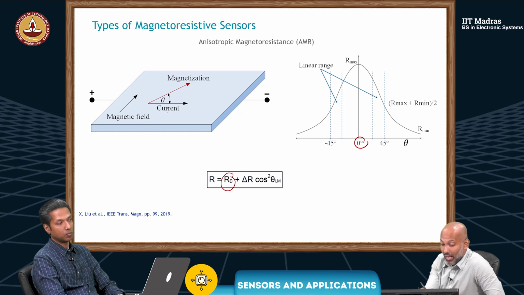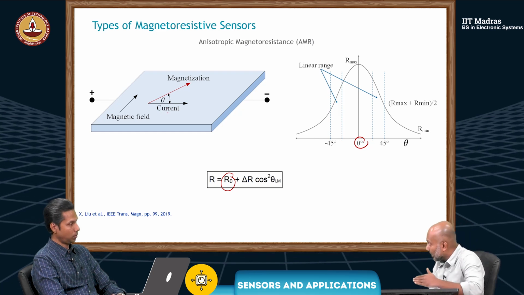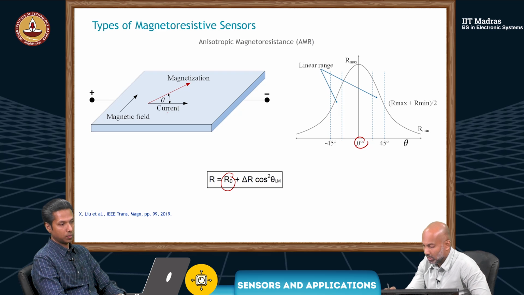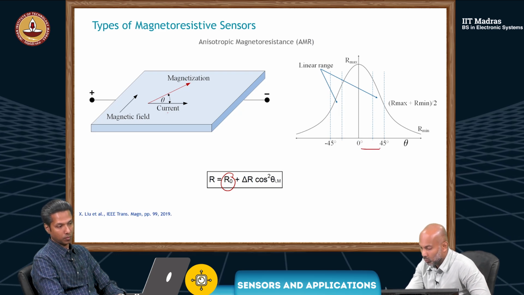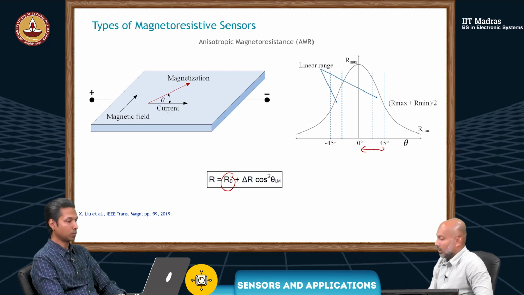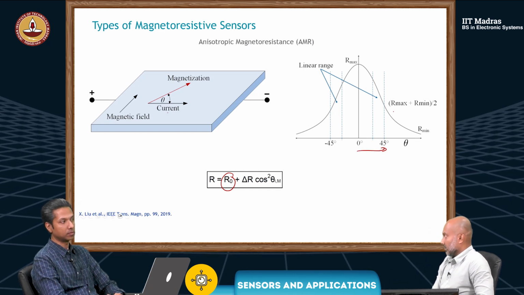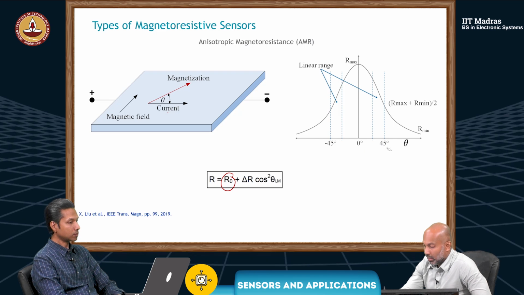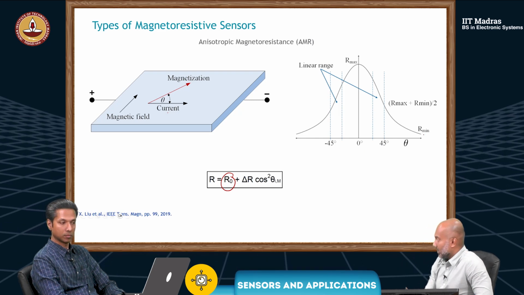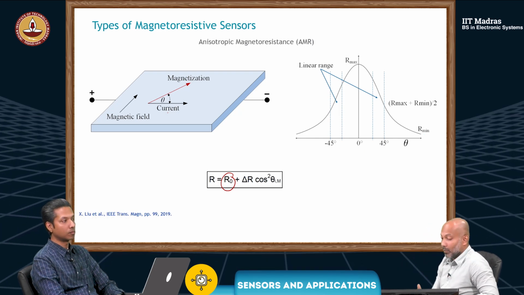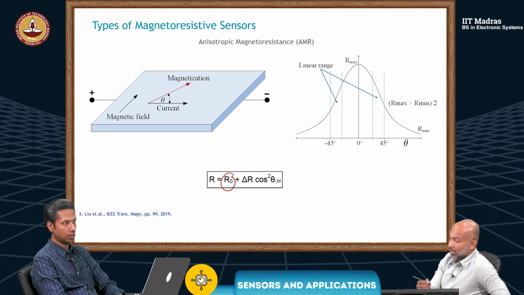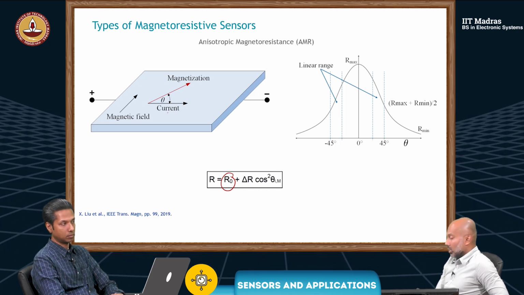If you slowly change the direction of the magnetic field, say to 45 degrees, the resistance decreases. Then you have a minimum resistance, which it doesn't go below, when the magnetization is at 90 degrees.